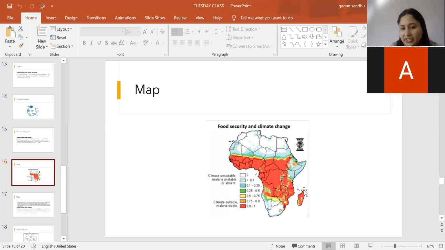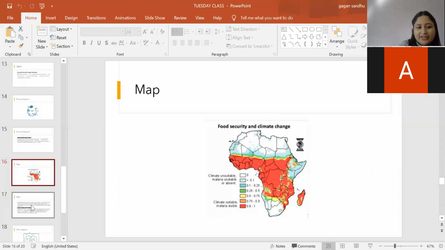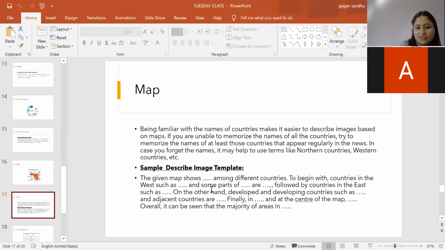No image is complicated in describe image. Remember that, right? Now this is the template here. If you want to go with the different templates, so this is the given map shows, right? The given map shows the food security and climate change among the different, we won't say countries here because they are just giving us the one map, so different states maybe, right?